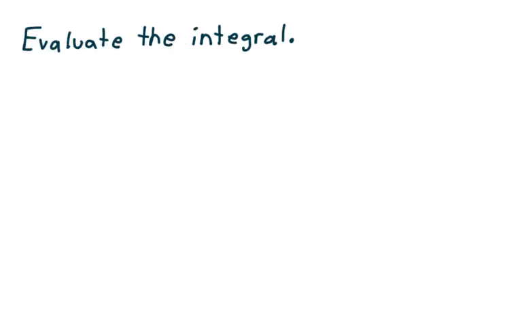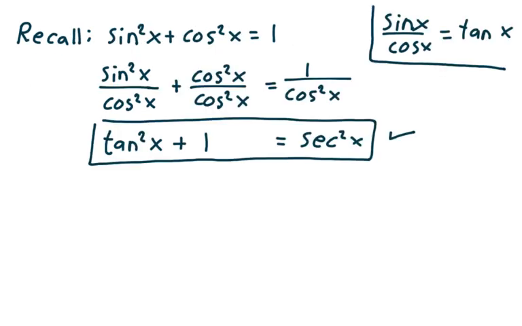Okay. The directions say to evaluate the integral. Let's start off with example 1, and we have the integral of tangent squared x dx. But let's go back. Notice that tangent squared x plus 1 is equal to secant squared x, right?